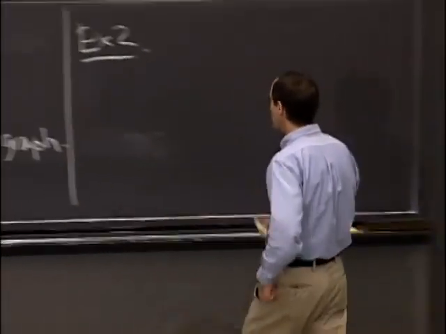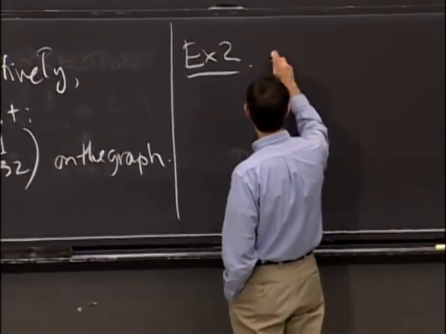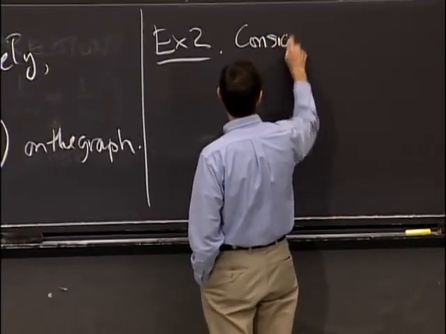So this is an example to get us used to the notion of constraints. So consider a box without a top.